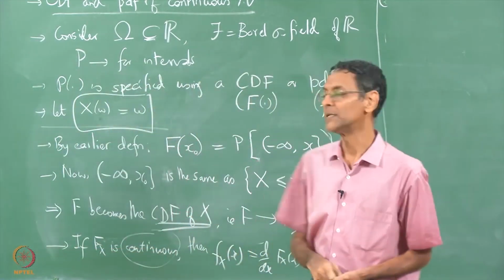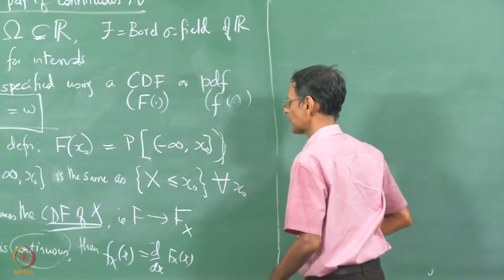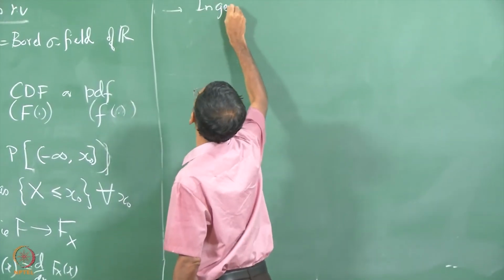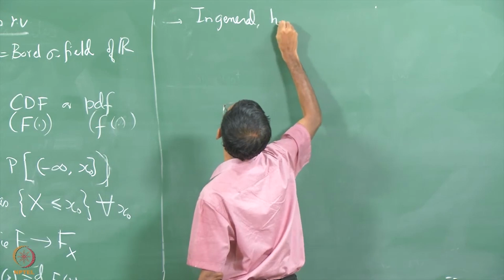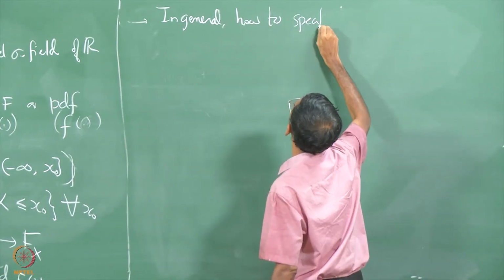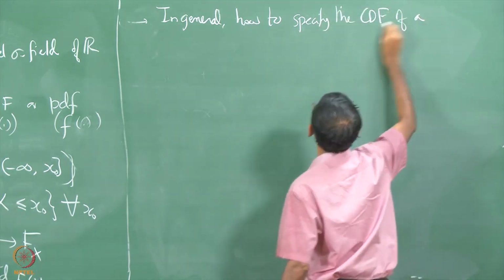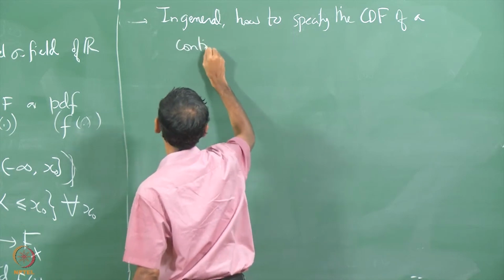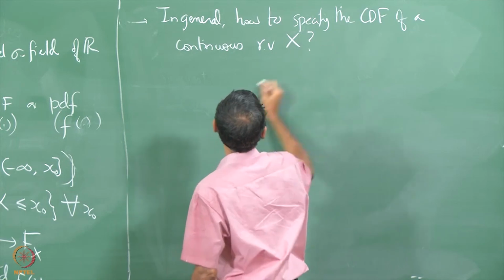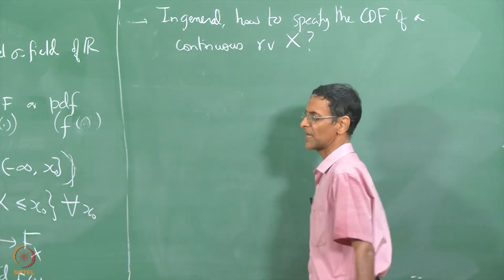Okay. So, this is a simple case of X of omega equal to omega. What do we do in a more complicated case? In general, this is what we should look at: how do we calculate or specify the CDF of a continuous random variable X?